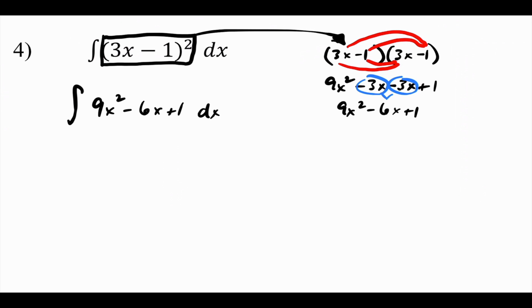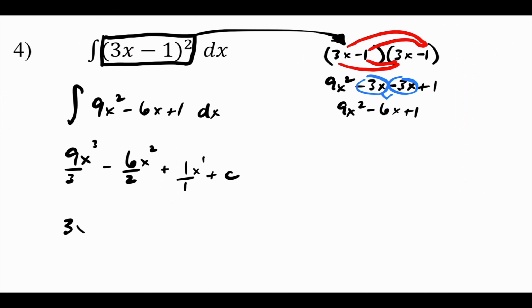So now, this looks exactly like the problem we just did. So we're going to do that. 9x, add a power, divide by the new power. 6x, add one power, divide by that new power. 1 doesn't have an x, so I'm going to give it a power, divide by that new power, plus c.